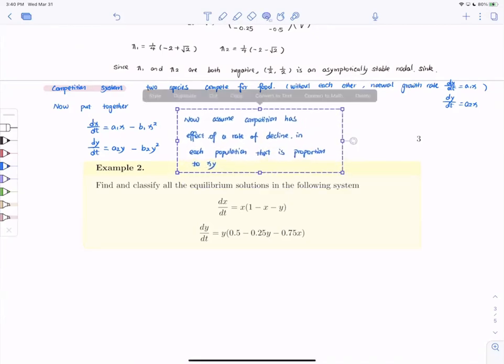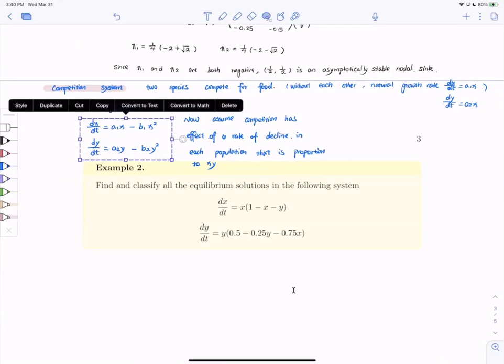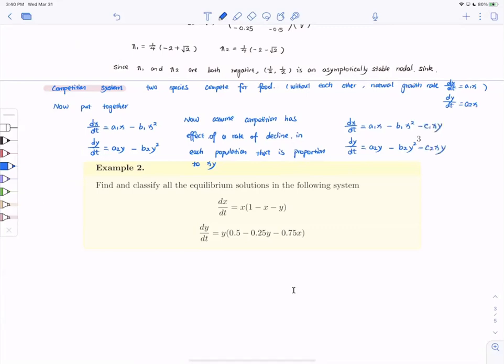So my new equation is going to be this one: I just copy it and add another factor, minus c1xy and minus c2xy.